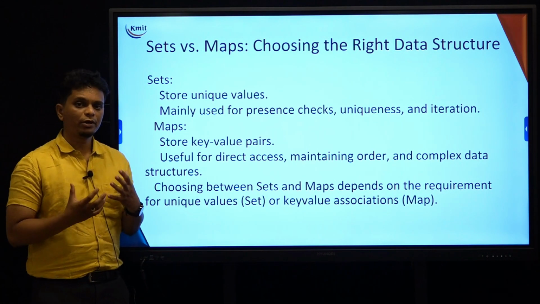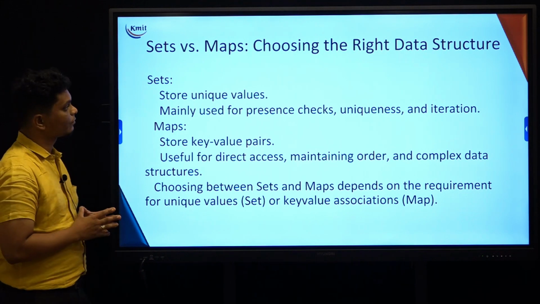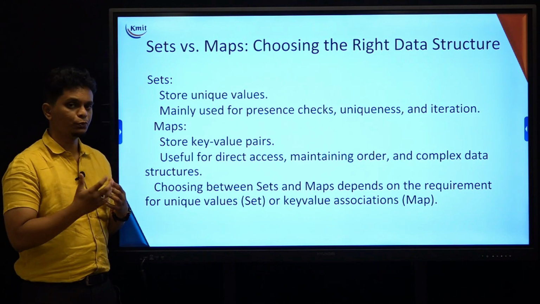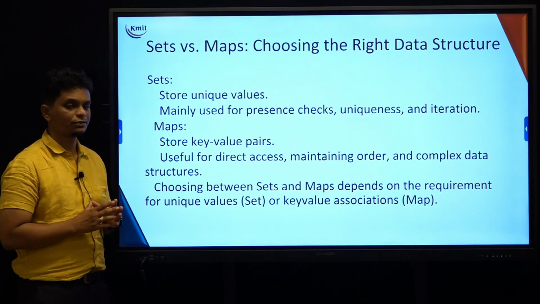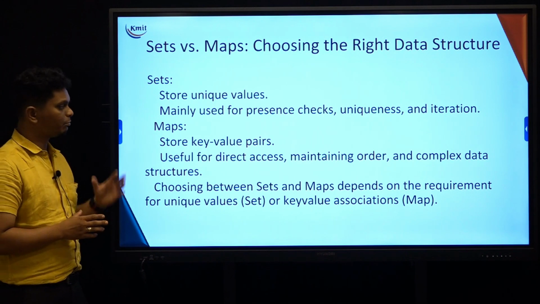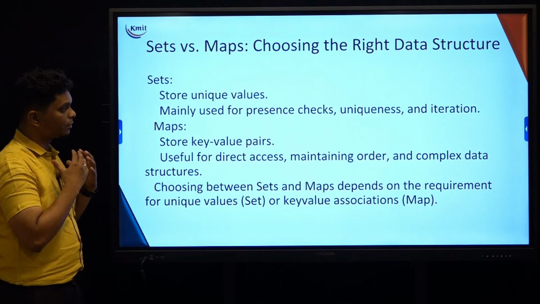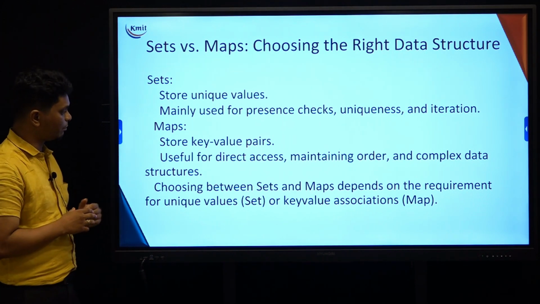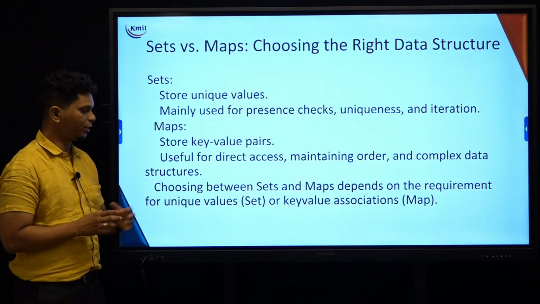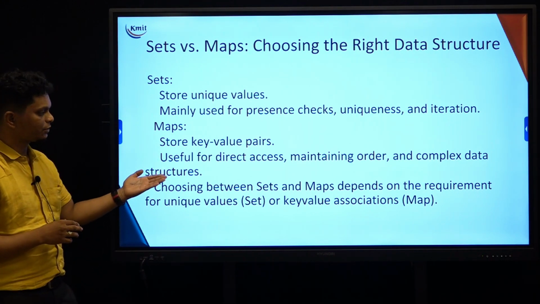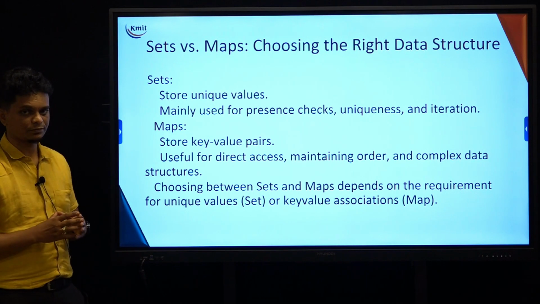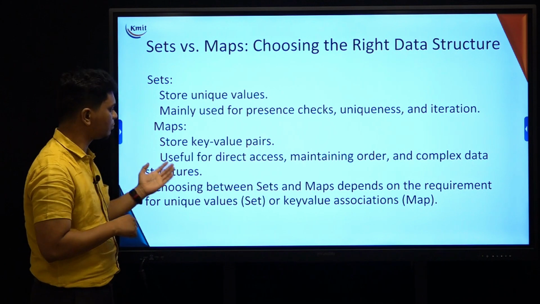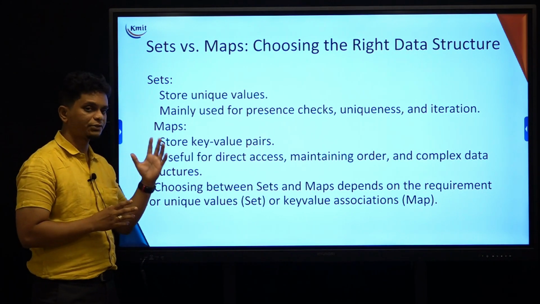Now let us compare sets and maps, and according to the situation we can decide which one to choose. First let us go with sets. It stores unique values, mainly used for presence checks, uniqueness and iterations. Whereas maps are used to store key value pairs, useful for direct access, maintaining order and complex data structures. Now this raises a question: can a map have repeated values unlike sets?